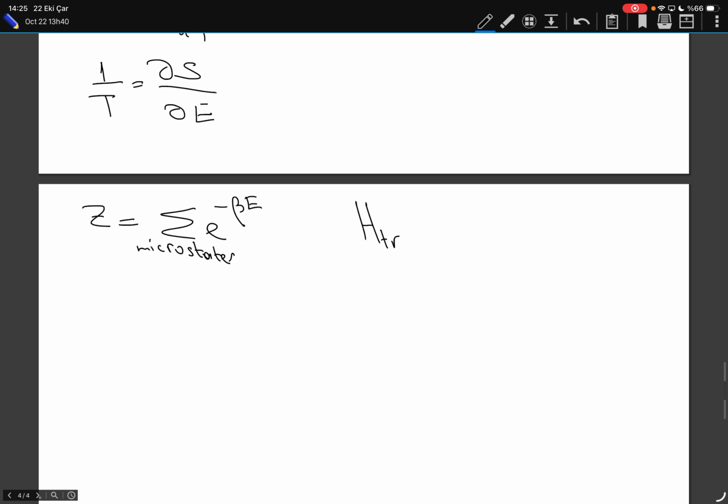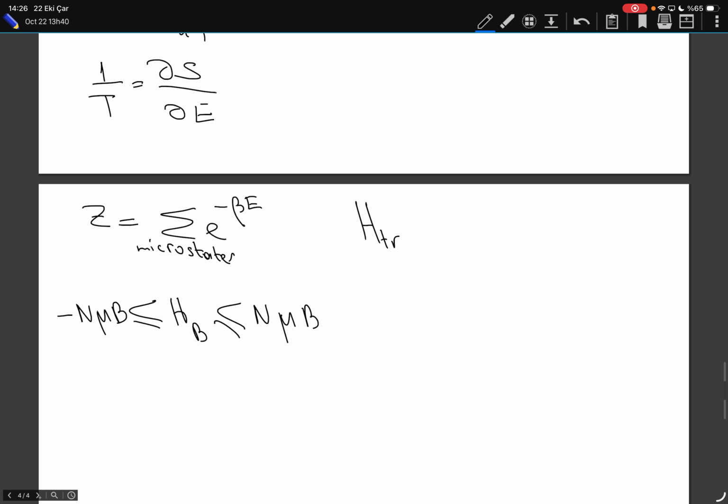The maximum energy that my spins can have is n times mu b. So for such a system, when the energy is bounded from above, the temperature can be negative.